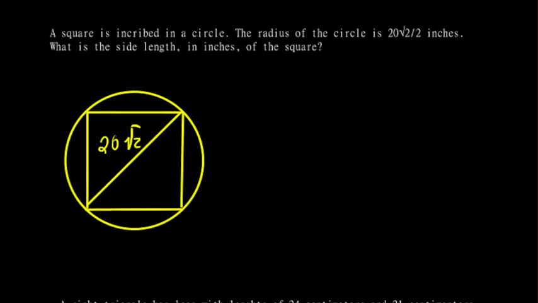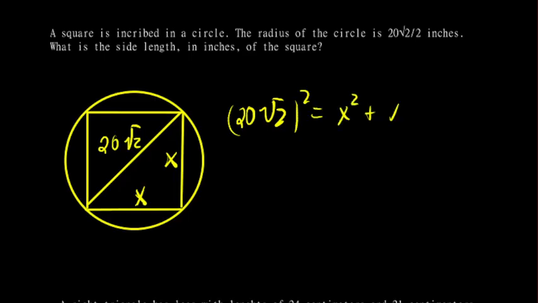So it's the square, and all the sides have the same length, so x and x, and we get the Pythagorean theorem again. So 20 multiplied by square root of 2, all squared, is equal to x squared plus x squared.